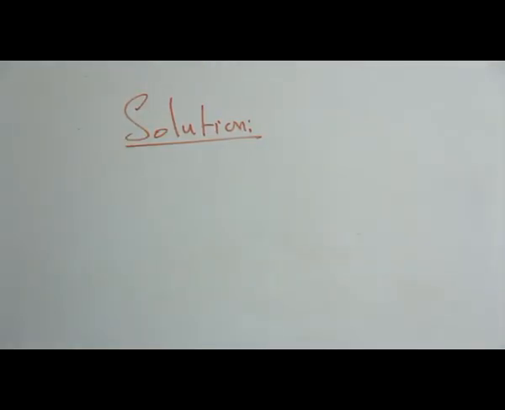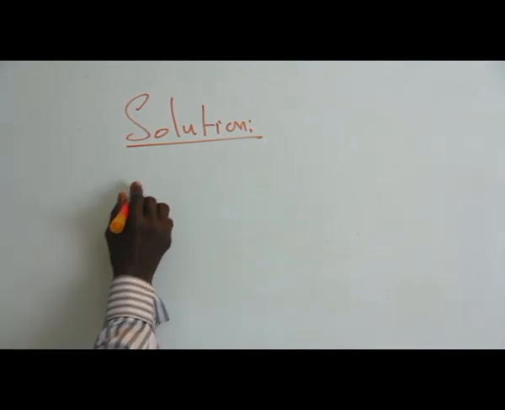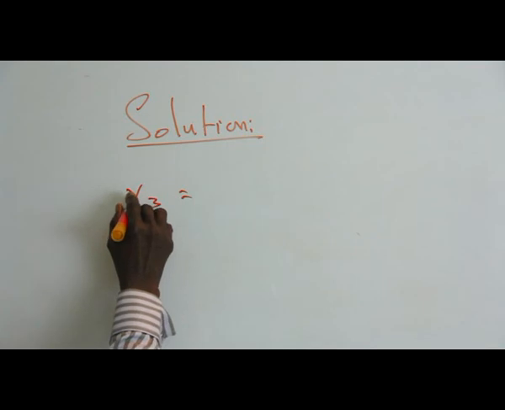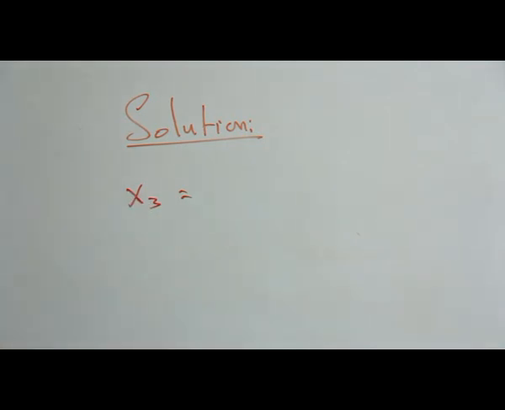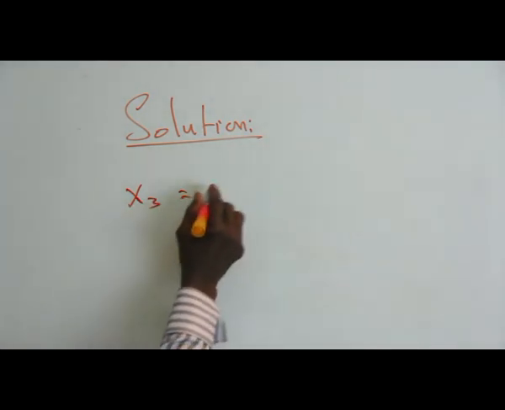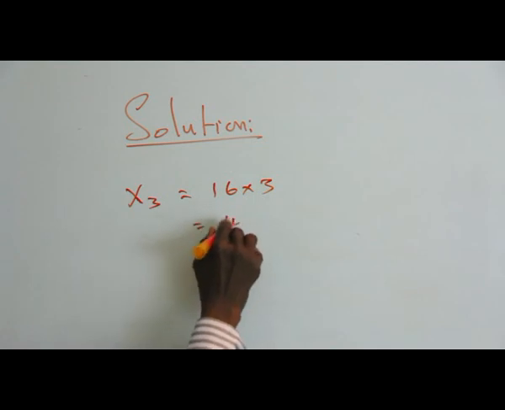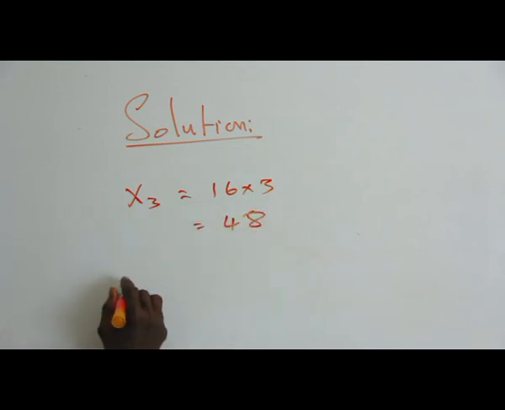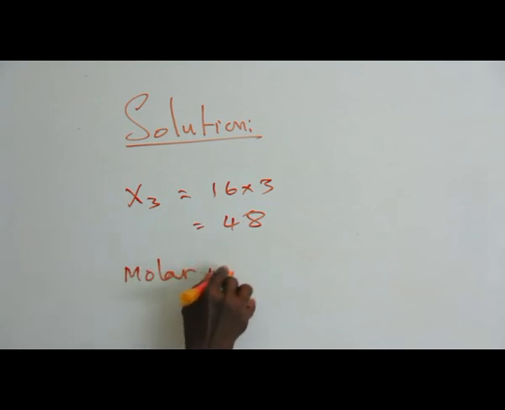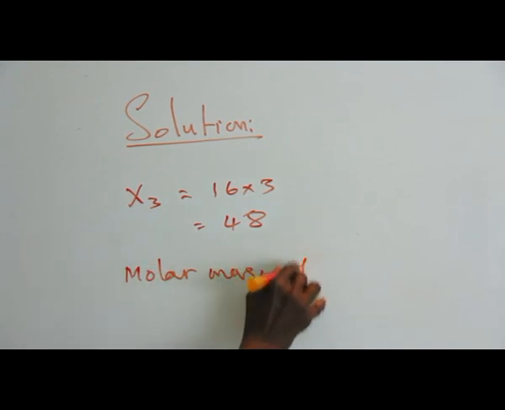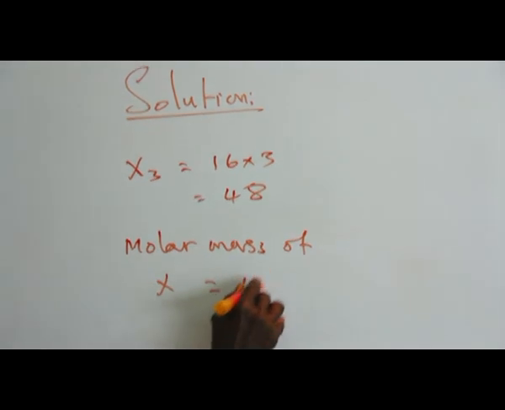Now, the gas is said to be triatomic, and so X3, and we are told that the atomic mass of X is 16. And so 16 times 3, that's 48. So molar mass of X3 is equal to 48.